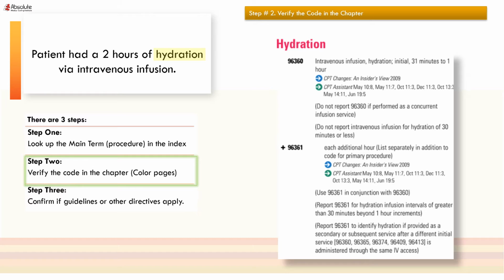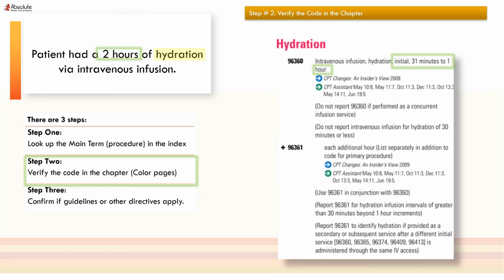Okay, so these are both hydration codes, and it's basically determined on time. I like both of these codes actually, because if you look at our scenario, how much time did we have? We had 2 hours. So we're going to need a little bit more than what 96360 is offering.